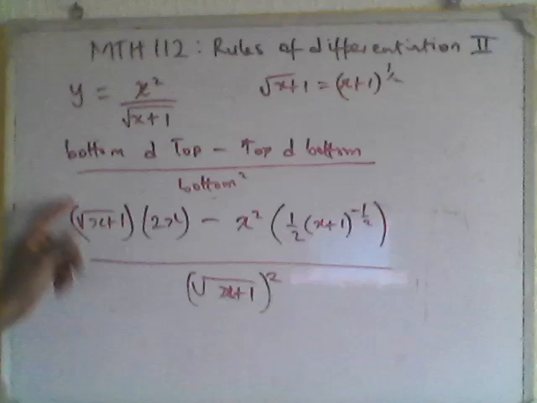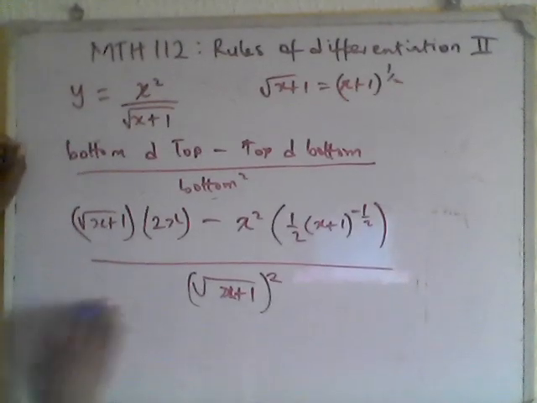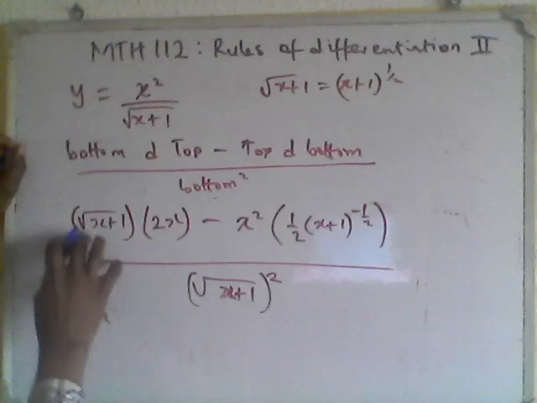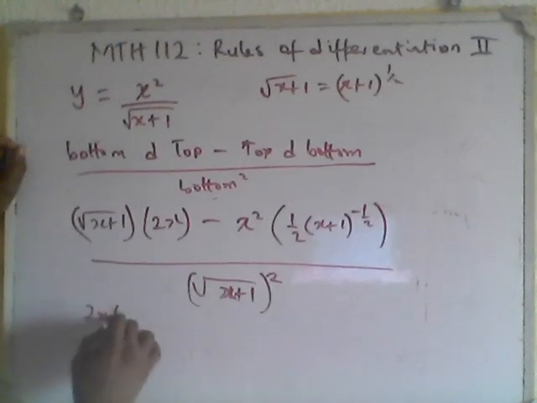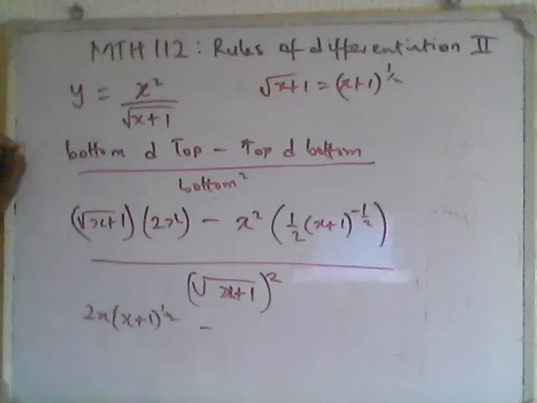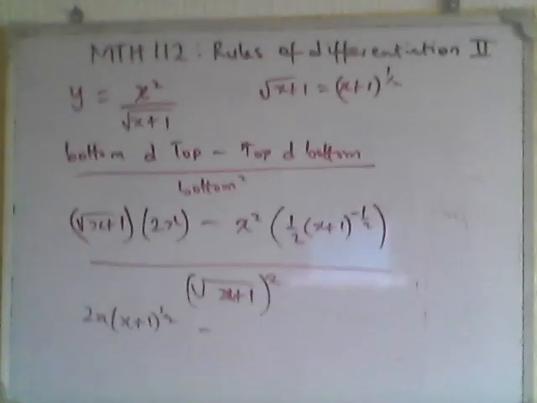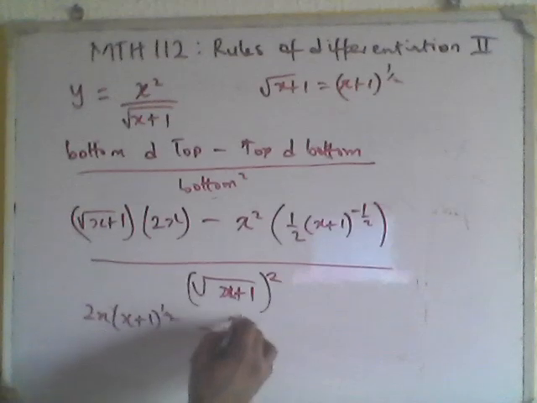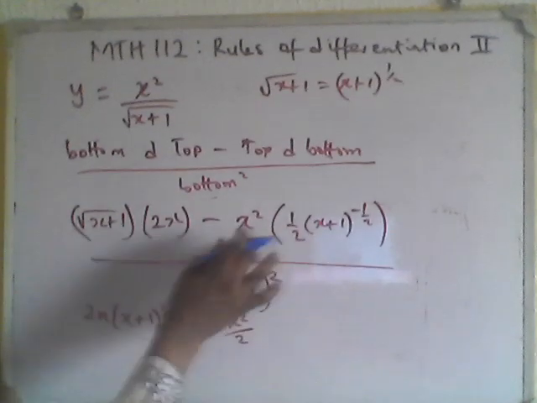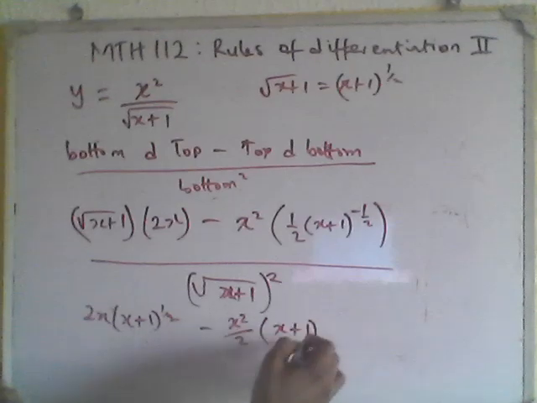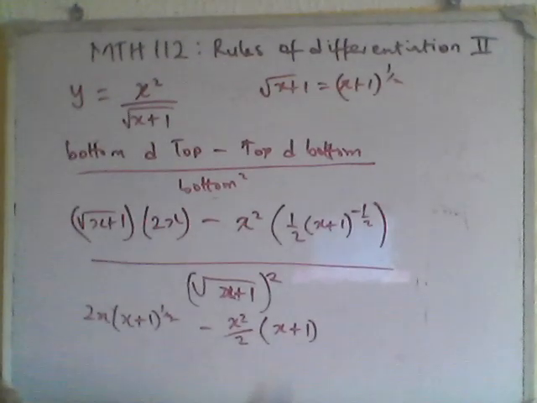Okay, so this can be expressed as, I can take this one in front. So it is 2x, then I will remove these square roots and put the power: x plus 1 all to the power half. Okay, so minus this one, I would bring this one out. I will have it as x squared over 2, then all into x plus 1 all raised to power minus half.